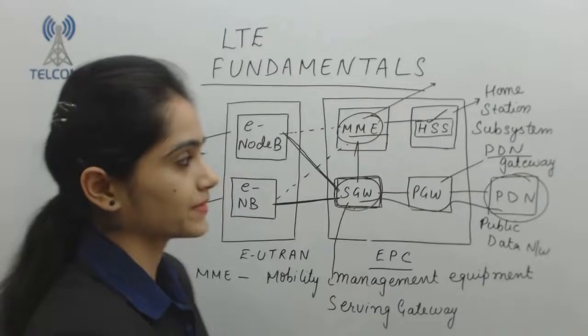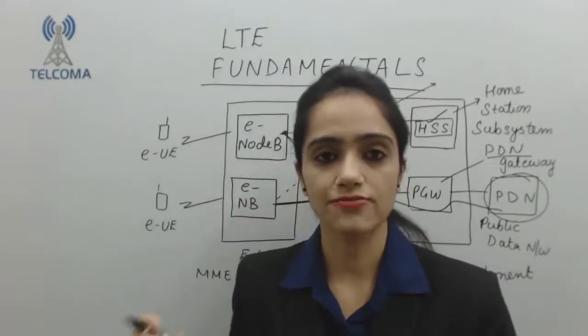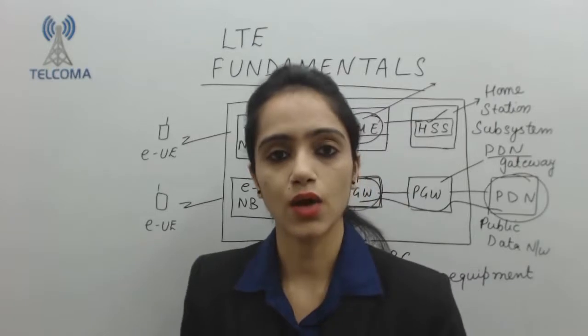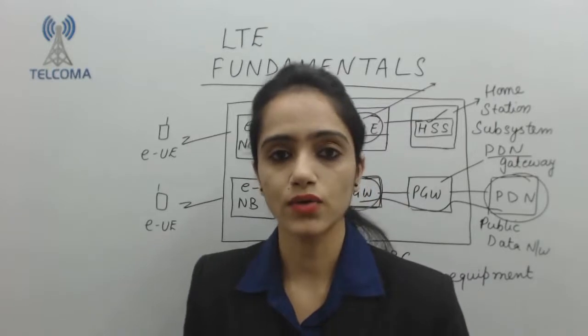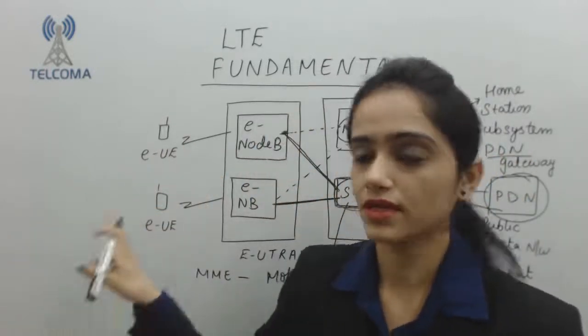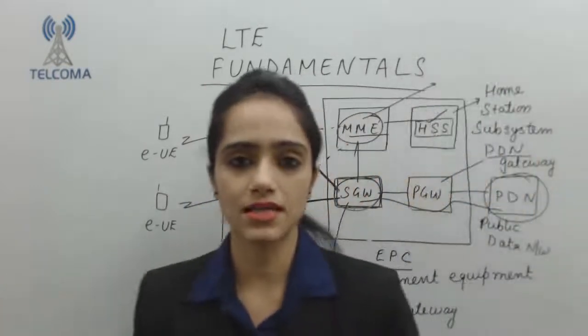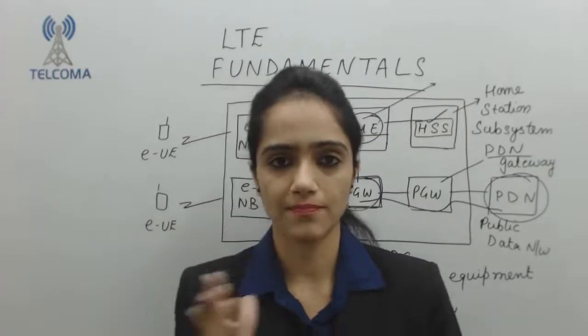Now coming to the handovers. The main requirement is high mobility. That means the user is moving, so it requires faster handovers. Now the faster handover decision is there with the eNodeB. The eNodeB knows where to give a handover, and it will give the handover. After giving the handover, the eNodeB has to inform the MME, because the MME is there for location updation.